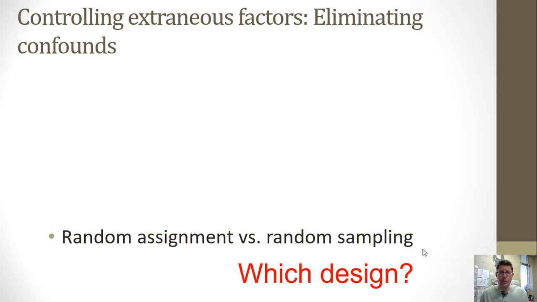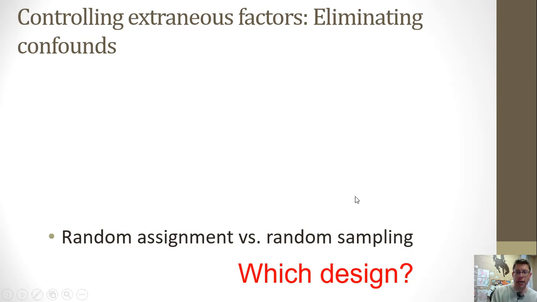It also relates to which designs are important, or which types of evidence we're dealing with. Random assignment is important for causality type evidence. So the design that's going to be most helpful with that is experimental designs, which will have higher internal validity than non-experimental designs.